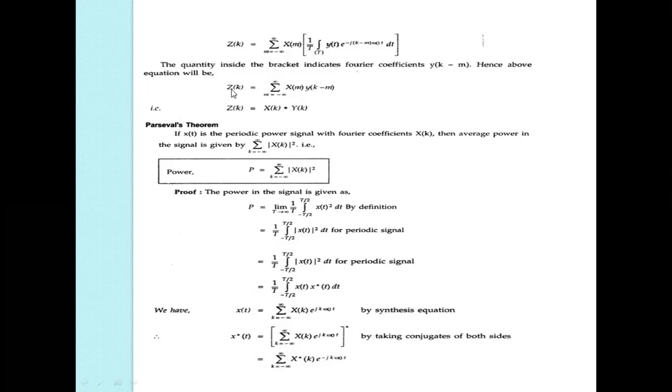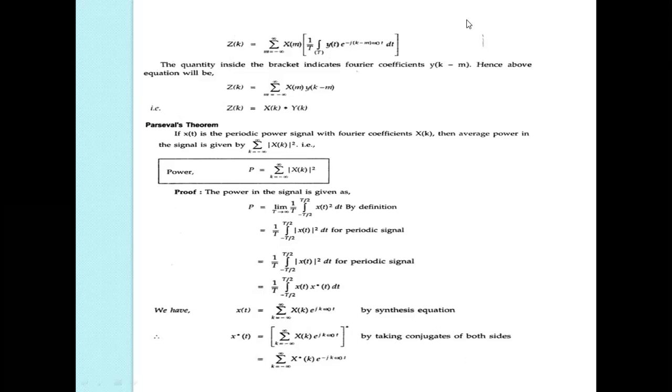Hence the above equation will be z of k is equal to the sum over m from minus infinity to infinity of x of m, and the total quantity inside the bracket is y of k minus m, according to the frequency shift property. This equation, the sum over m of x of m y of k minus m, is the convolution sum formula.